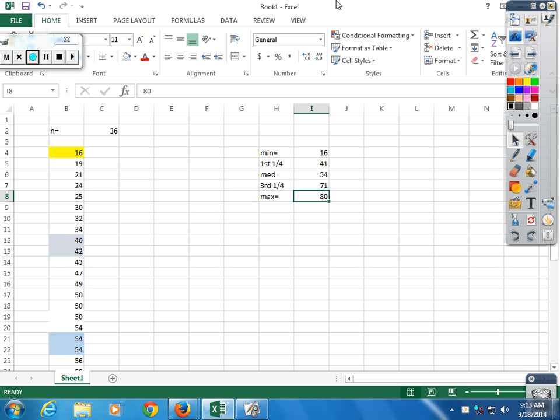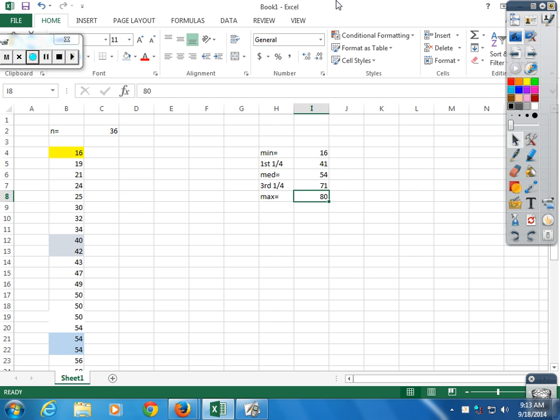What if it was 37? You just find the middle number. That's your second quartile. And then after you find your second quartile, you take the median on the upper end and the median on the lower end. And that is your first quartile and your third quartile. Any questions on finding it that way?